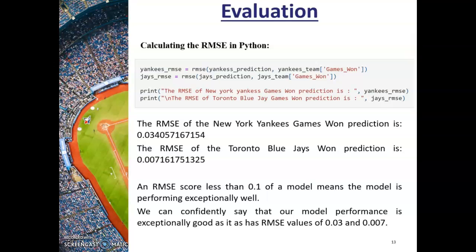Using Python, we calculated that the RMSE of the New York Yankees Game 1 prediction is 0.03, and the RMSE of the Toronto Blue Jays Game 1 prediction is 0.007. An RMSE score less than 0.1 means the model is performing exceptionally well. With both RMSE results less than 0.1, we can confidently say that our model is performing exceptionally well.